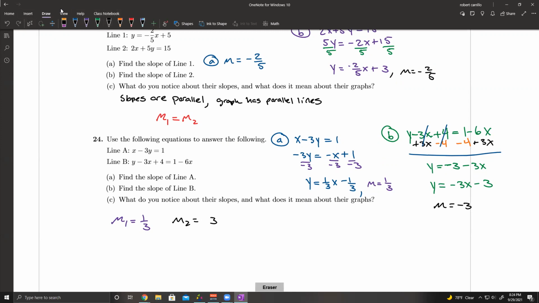Forget the negative right now. 1/3 and 3, they are what of each other? Reciprocals. But this slope is negative. So not only are they reciprocals of each other, they are negative reciprocals of each other. So that's what it means to be, guess what? If the first one's parallel, these two have to be perpendicular. So that's what we say here.